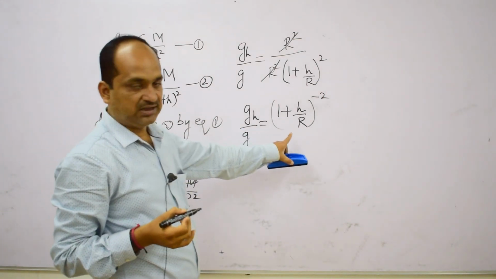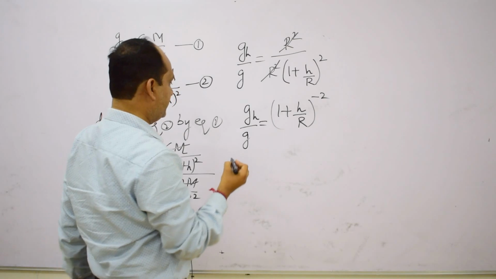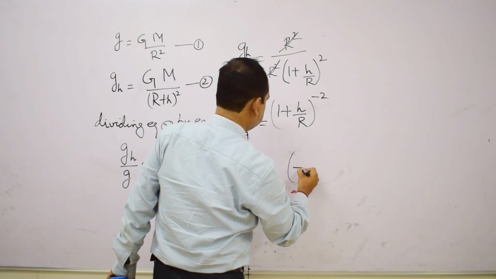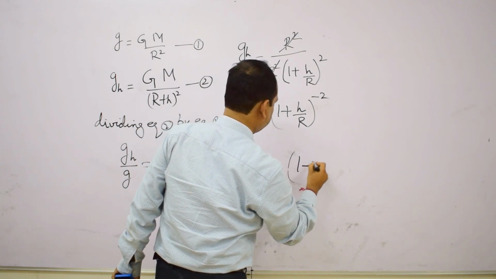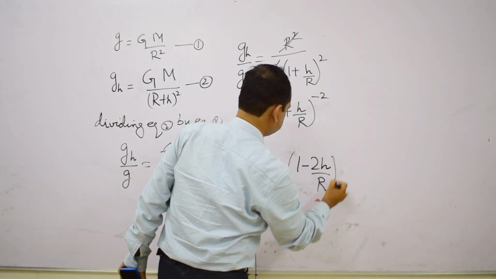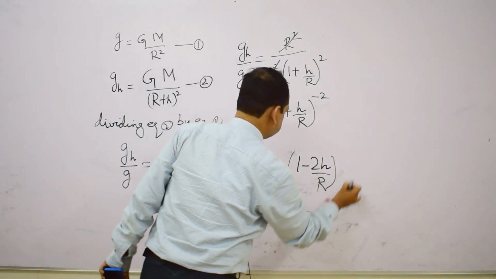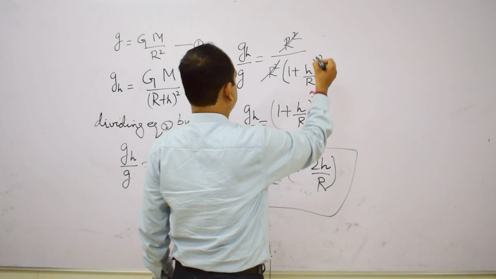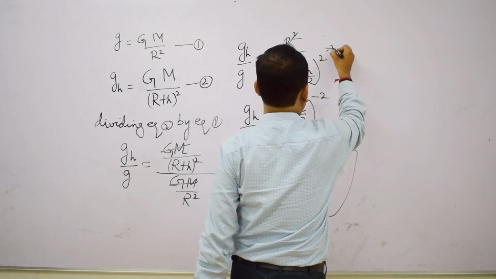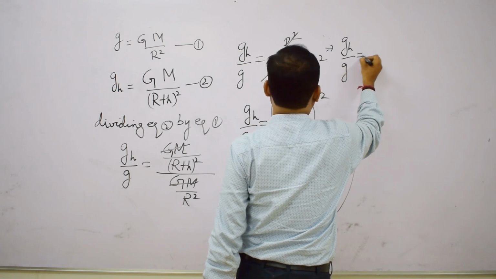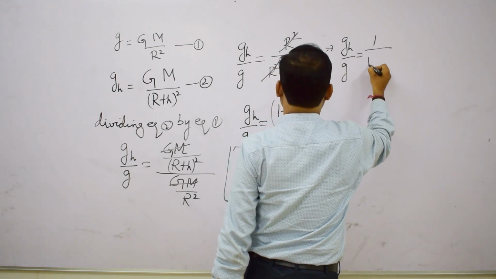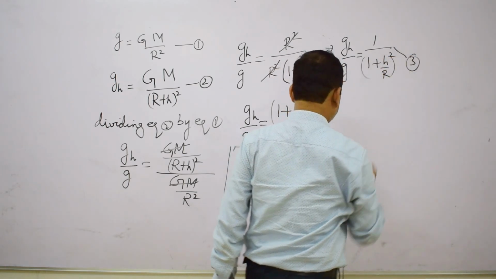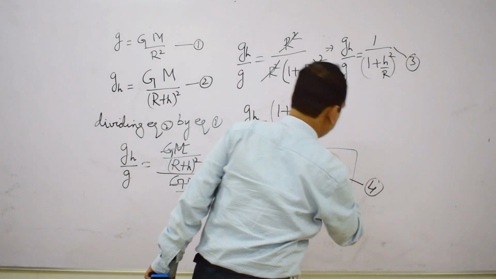Now when we expand this RHS with the help of the binomial theorem, we have gh/g = 1 - 2h/R. So we have this formula gh/g = 1/(1 + h/R)², this one is equation number 3 and this one is equation number 4.